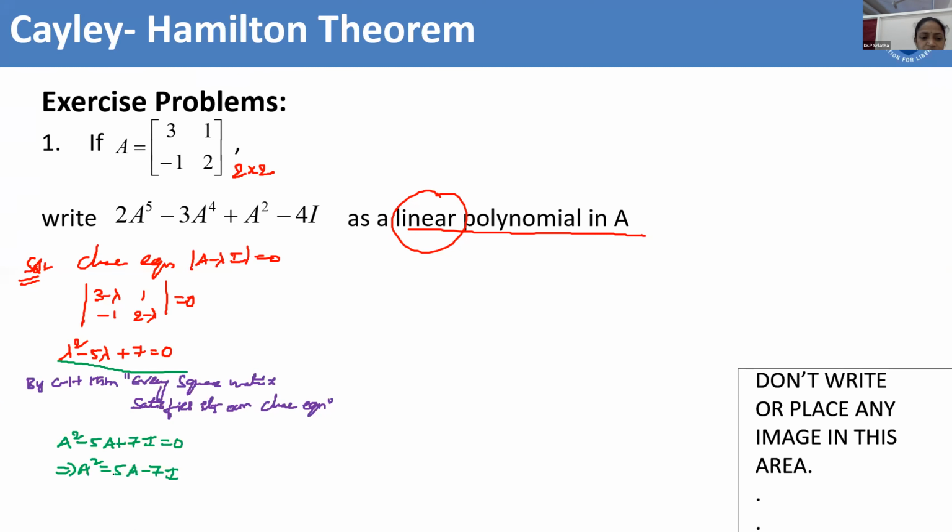If I multiply with A on both sides, we get A cube equal to 5A square minus 7A.